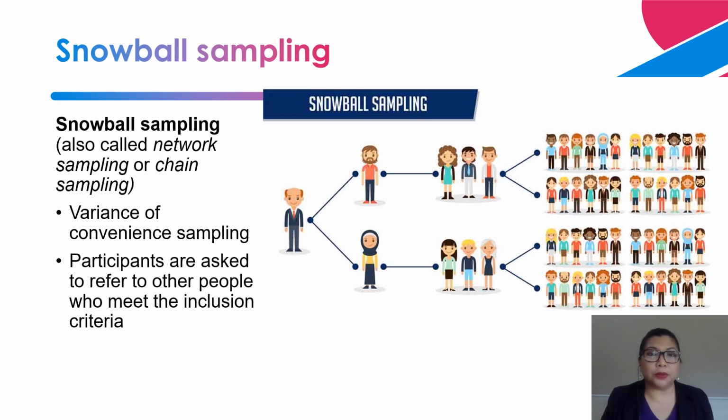For example, you are looking for patients who have cystic fibrosis, a difficult diagnosis and difficult to recruit. You would probably ask one person, and maybe that person is part of a support group. You would ask, can you refer another patient whom I can interview or who can answer my questionnaire? So it's like a snowball. It starts very small, and the more people refer participants or respondents to you, the bigger the sample becomes.